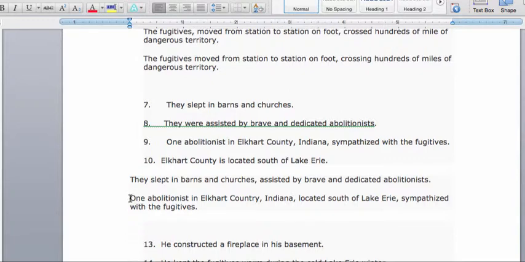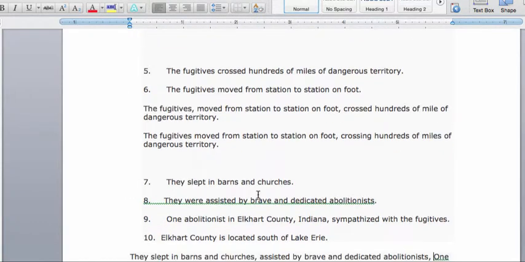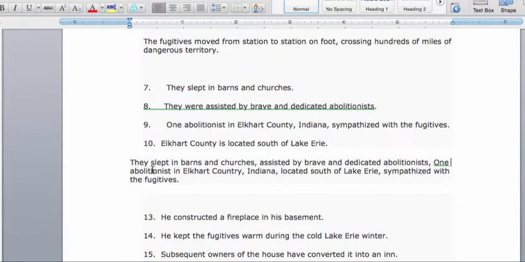And I'm thinking about this, and I'm starting to think, how can I do this? One, oh, I see it now. See, sometimes it takes time. One, referring to the abolitionists. I don't need to replace that. Notice how I took one abolitionist. Oh, wait a minute, see how crazy it is?